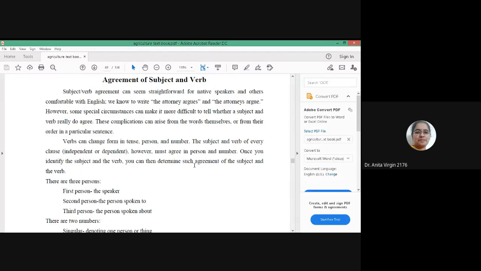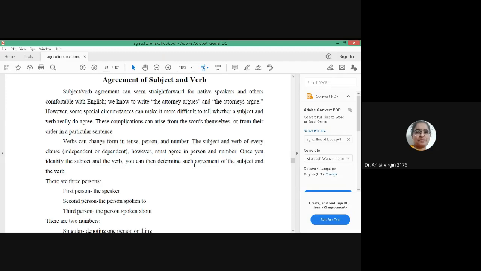You know what a subject is and what a verb is? A verb is nothing but an action word. Whatever action you do, that action word is called a verb. And the subject is mostly the noun. Sometimes it's a noun, sometimes a pronoun, sometimes some complement words.